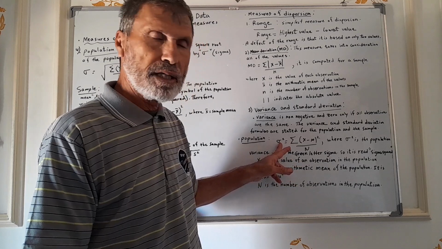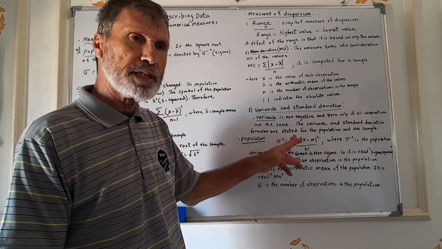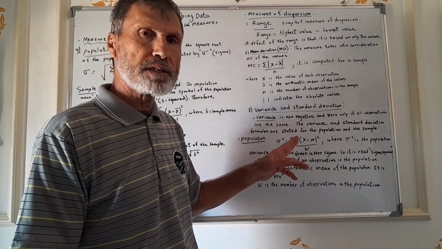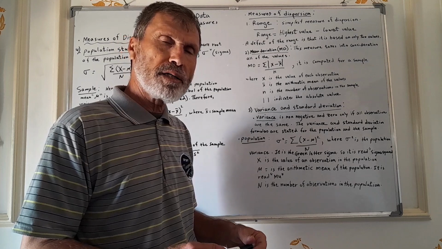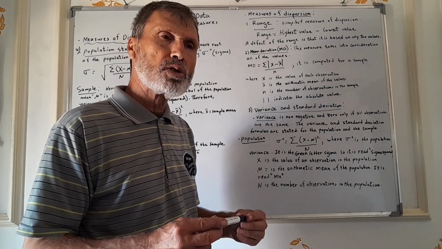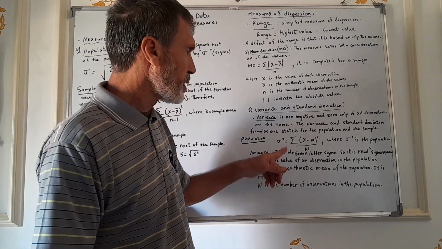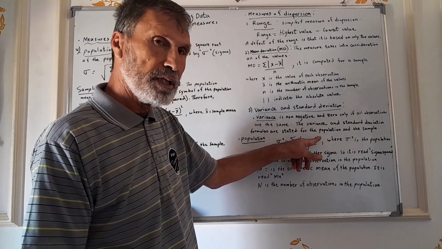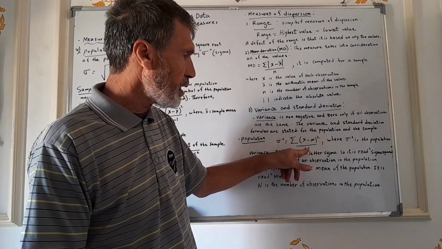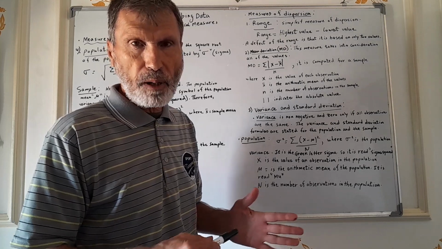Okay, so we're going to denote the population variance by sigma squared, sigma being a small Greek letter. So sigma squared will be used to refer to the population variance, which is equal to the summation of (x minus mu) squared over n, where n is the total number of observations in the population.